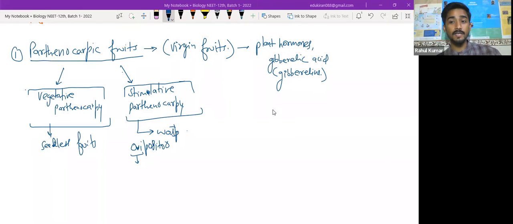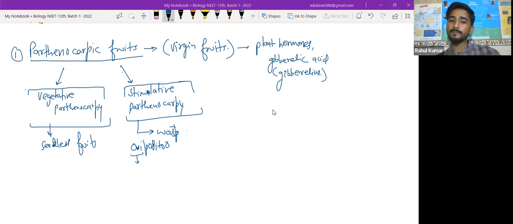But if it's a unisexual flower, it has a lot of dependency on pollinators. So if you keep waiting for pollinators and suppose they do not come and do not pollinate the flower, then that flower will just die off. So to not let it go waste, you can stimulate parthenocarpy in a unisexual flower and make fruits develop, and these fruits will be seedless.